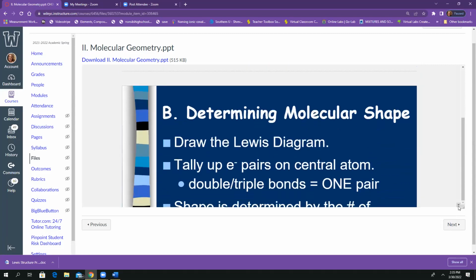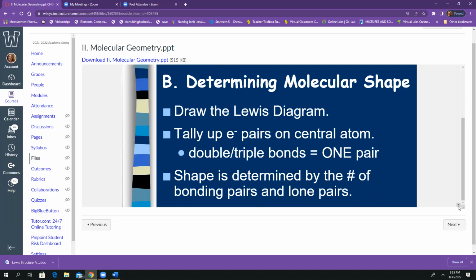All right, so how do we determine the molecular shape? Number one thing is to know how to do that Lewis diagram or Lewis structure. And you do the same thing.